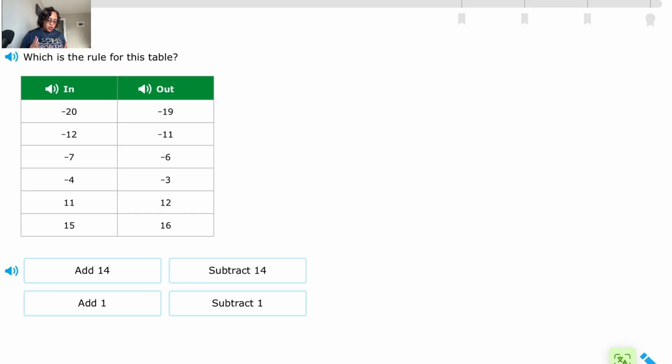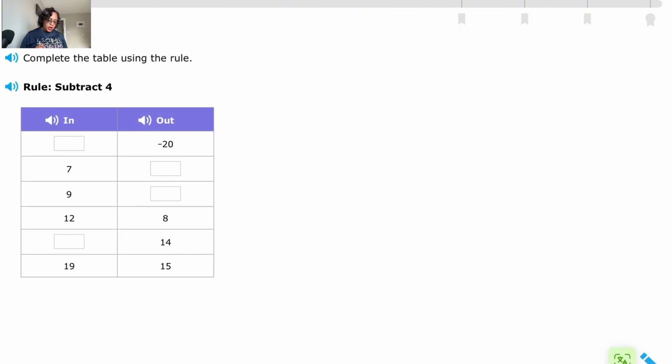I'm actually going to do another one, and then I'm going to do one and get the incorrect answer on purpose so you can see how that works as well. All right, so the input for the first one, it says the rule is to subtract 4. Okay, so if the rule is to subtract 4 and I get negative 20, then that means that my first number should be negative 16. Yeah, because I'm subtracting.